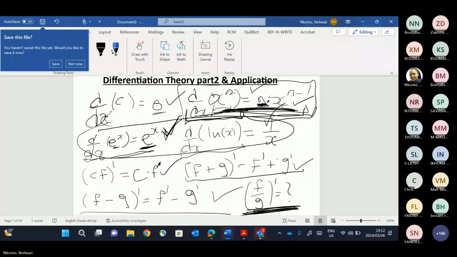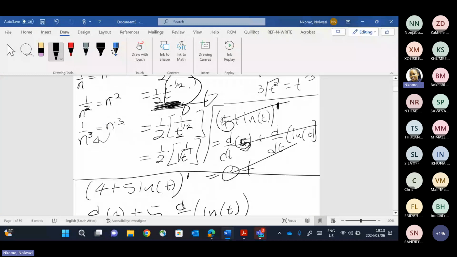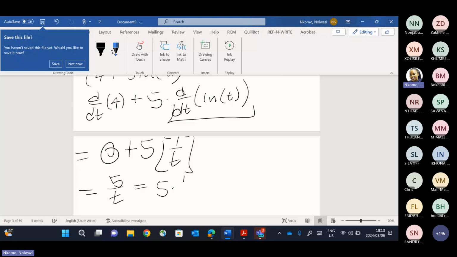We have ln t, so the derivative of ln t is 1 over t. So this means we have 5 over t. You can write 5 over t, or you can write this as 5 times 1 over t. It doesn't matter. It's the same thing.